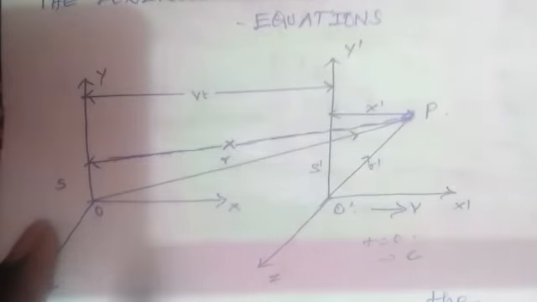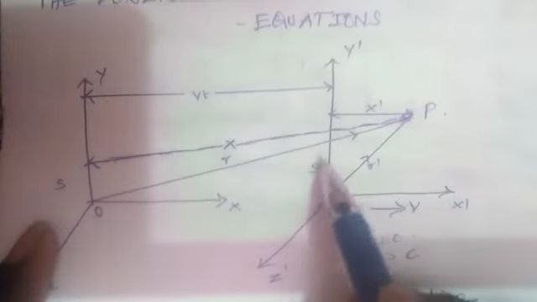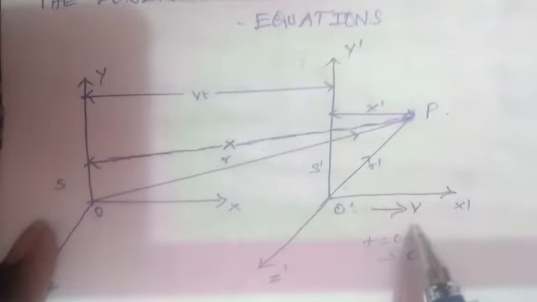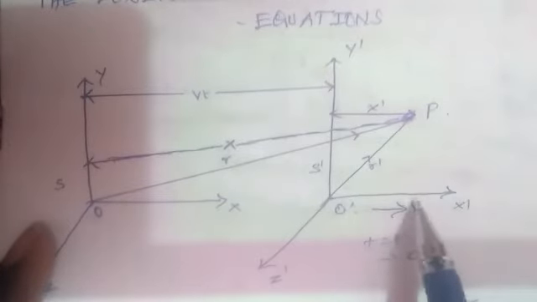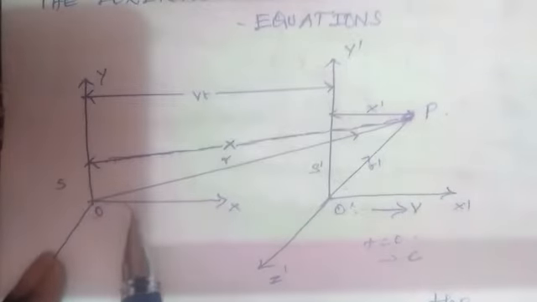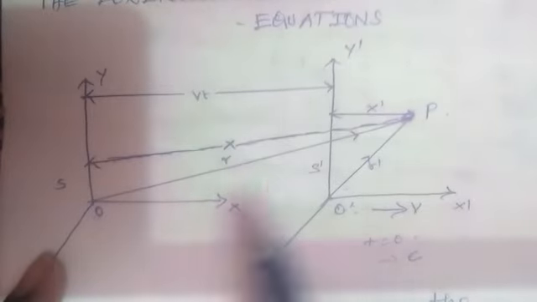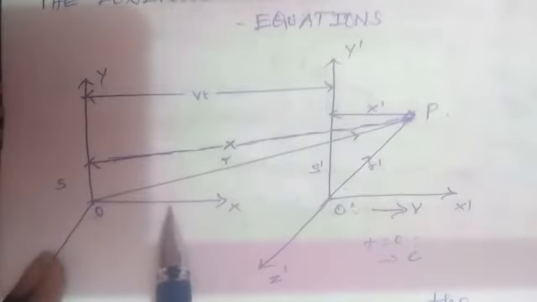System S is moving with a constant velocity v relative to system S prime, along the positive direction of the X axis.